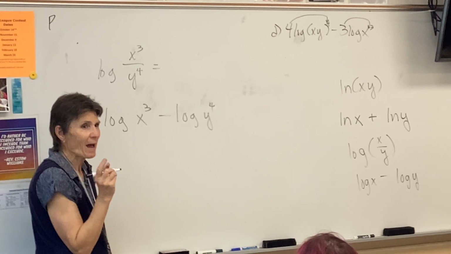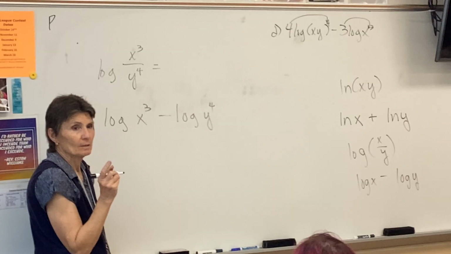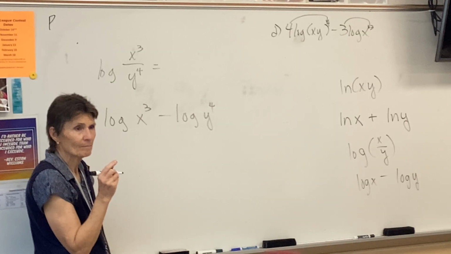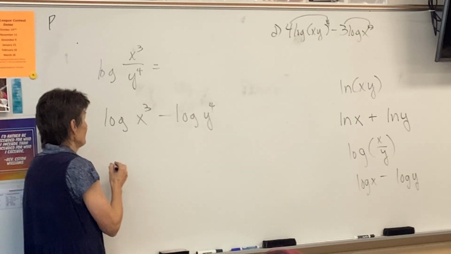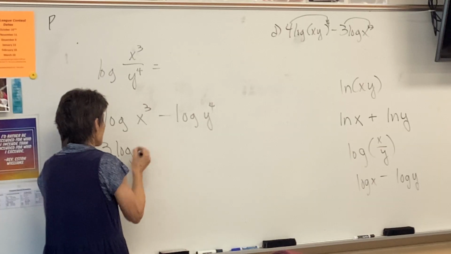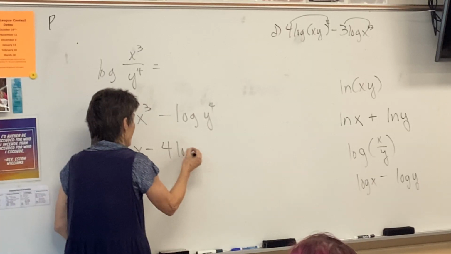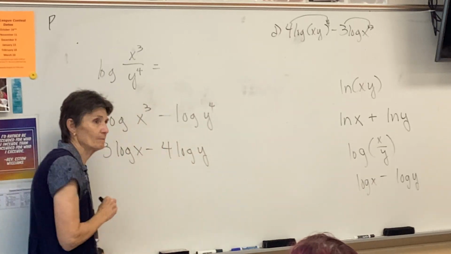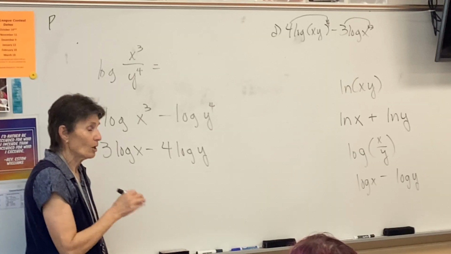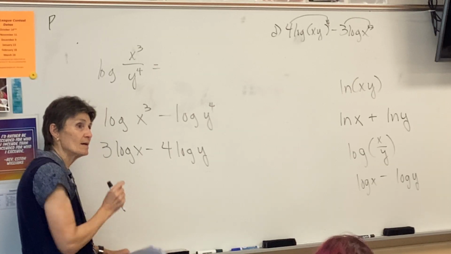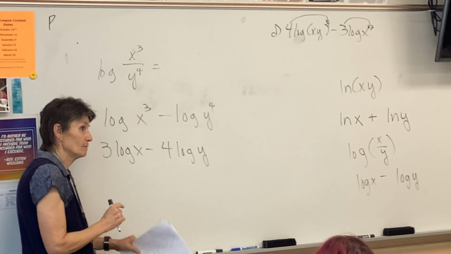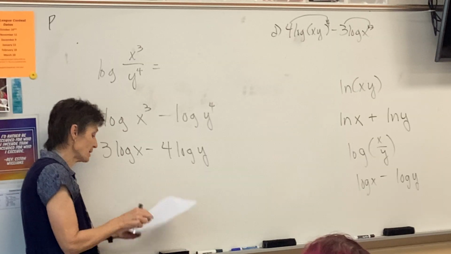But now I got these powers. Where do those powers go? Out in front as a coefficient. So 3 log x minus 4 log y. That's exactly what he said. A minute ago, you had something that looked like that, and you put it together. Now you're taking it apart.